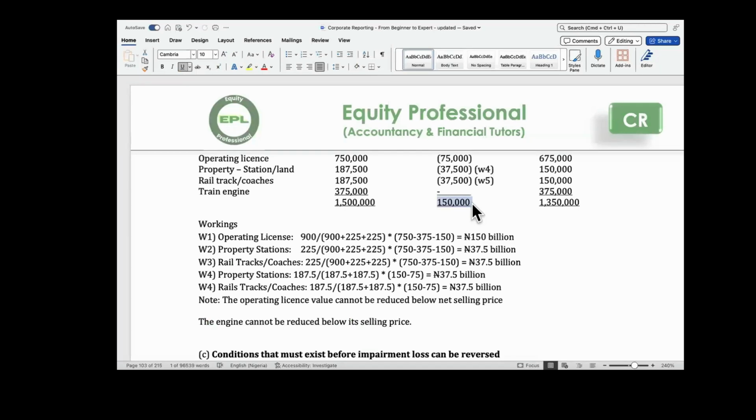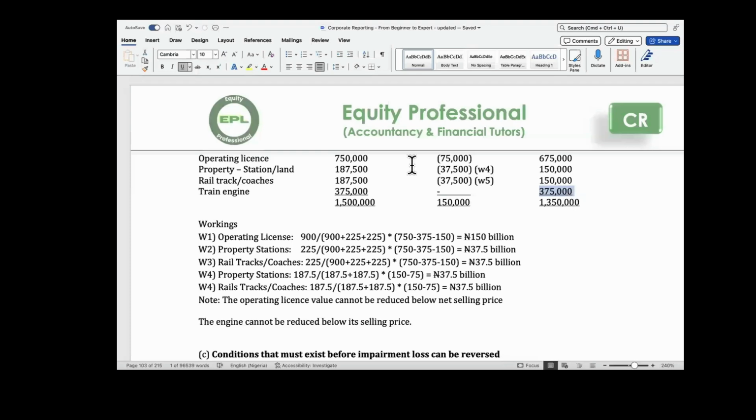So we allocate to other assets on a pro rata basis, except where any of these values is already at their net selling prices. In that case, you cannot impair for that. That is why I didn't allocate any impairment loss to this train engine of 375, because it is at its net selling price. So it remains at 375. I can't impair below that.